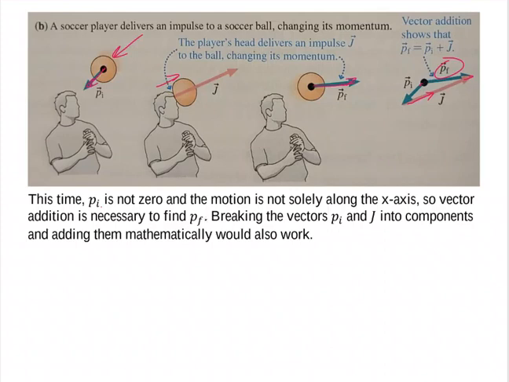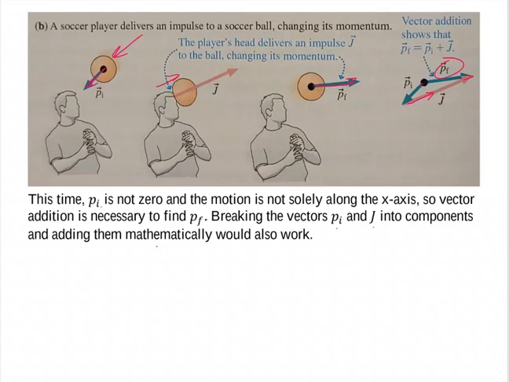Breaking the vectors, momentum initial and the impulse, into components, and then adding them mathematically would be the other approach. Since this is a vector, we need to figure out the degree as well. So let me just show you how that would work.